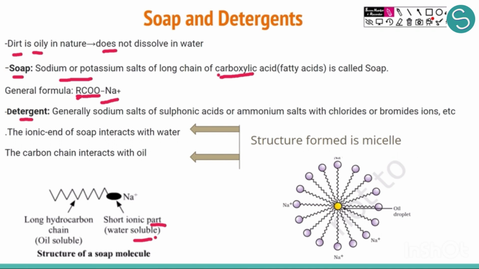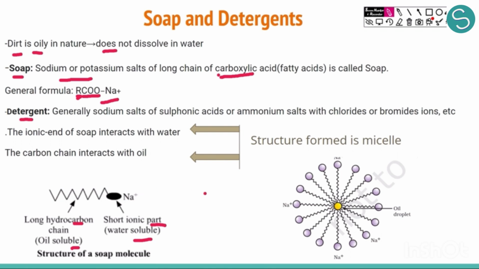What do we mean by hydrophilic? Hydrophilic means water loving, philic means loving. And this long carbon chain is oil soluble and hydrophobic. This means that it fears water. So this chain does not want to come in contact with water, whereas the sodium ion wants to come in contact with water.